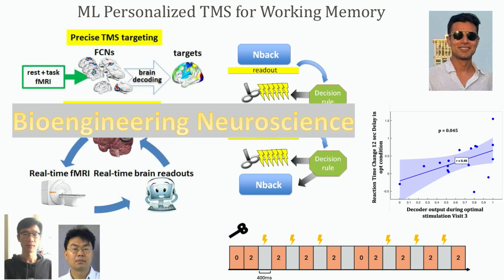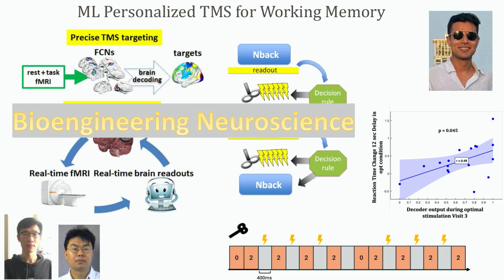And we found that the baseline imaging decoder didn't do a great job of telling us anything about behavior, but eventually, as we fed more and more data into the decoder from the TMS fMRI sessions, the decoder got more and more precise and relevant to the behavioral outcome, where ultimately the decoder's performance from TMS fMRI could tell you how well the participant's going to improve with working memory.